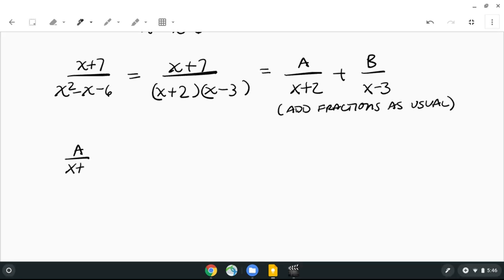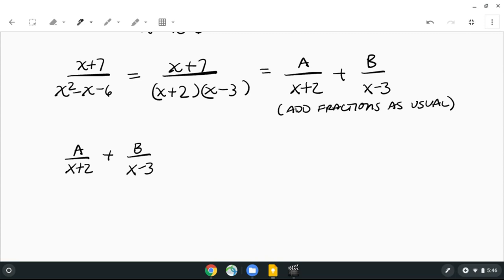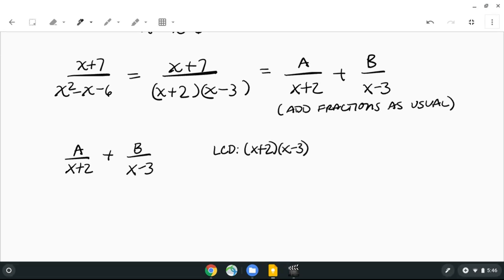A over x plus 2 plus b over x minus 3. If you remember how to add rational functions, we first have to find the LCD, which is x plus 2, x minus 3. So that's my LCD.